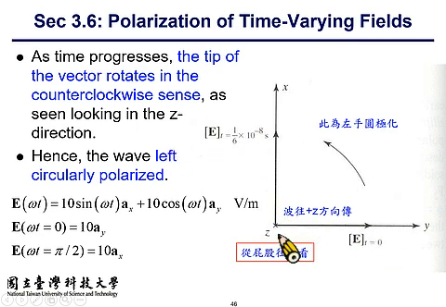So as I demonstrated on the example in the blackboard, if you look to the direction of wave propagation, which is in the positive z direction, then as the time varies from t equal to 0 to t equals to 1 over 6 times 10 to the minus a, the locus of the tip of the electrical field can be followed with a left hand.